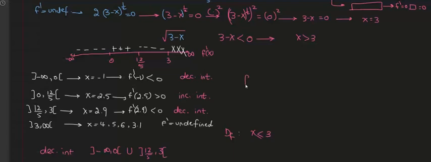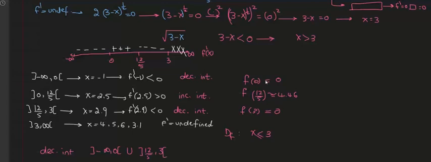And finally we need to test f at 0, f at 12 over 5, and f at 3. The f at 0 is going to be 0, and f at 12 over 5 is going to be approximately 4.46, and f at 3 is equal to 0 because we have 3 minus 3, which is 0.